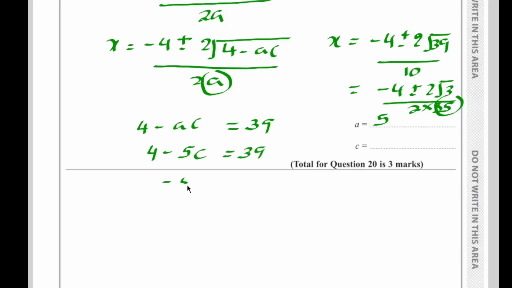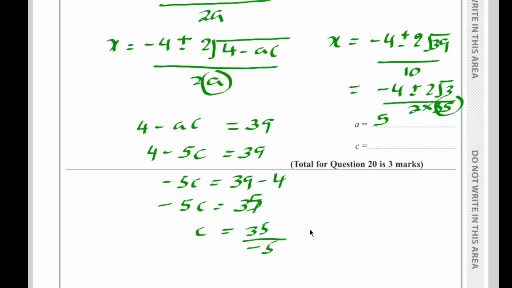Then minus 5c equals 39 minus 4. Minus 5c equals 35. Then c equals 35 divided by minus 5, which is minus 7. Then c equals minus 7.